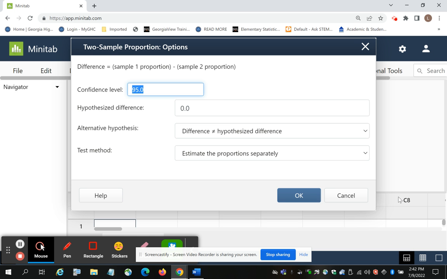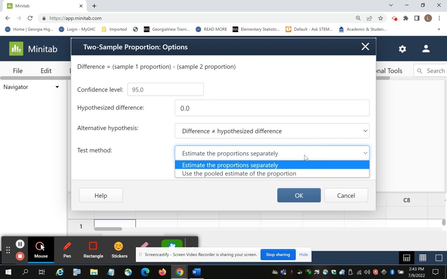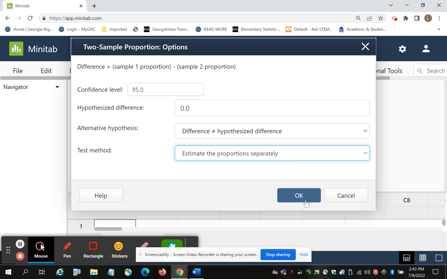And I'm going to options. We're using a 5% or 0.05 level of significance, so the confidence level is 95. We're saying there is no difference, so that's 0. We're using not equal, and we want to estimate the proportions separately.